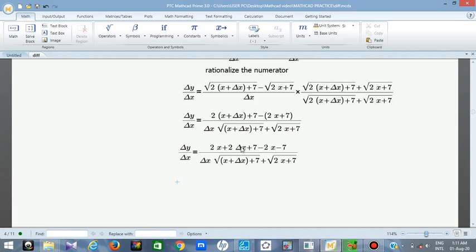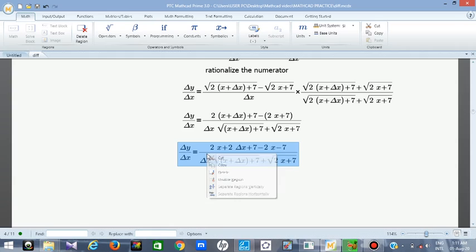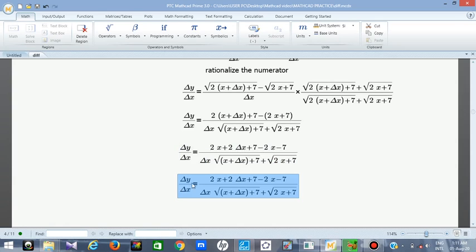Then delta x will divide delta x. So that's how they will go. Let me copy this so that we'll be fast with it.